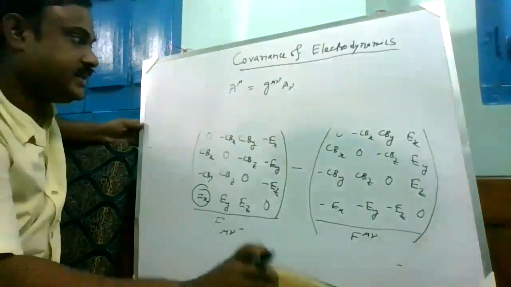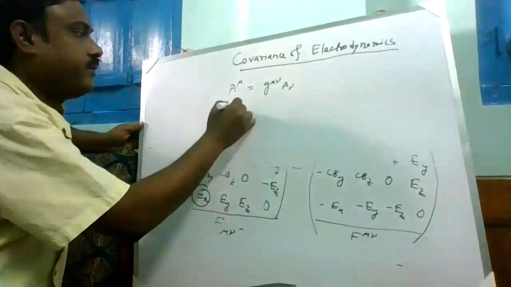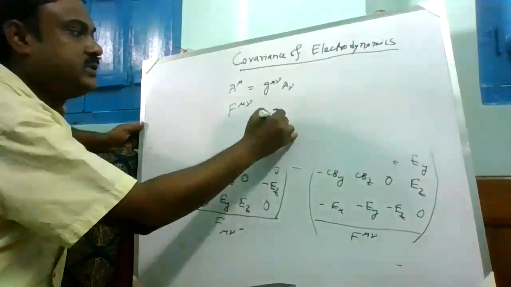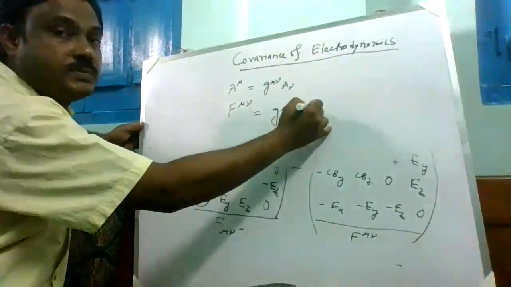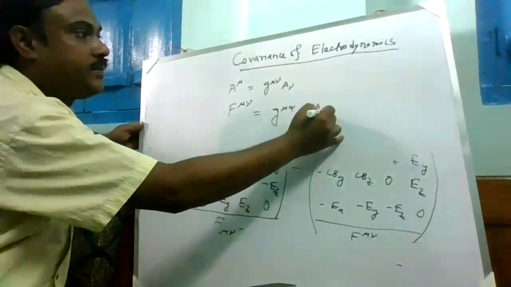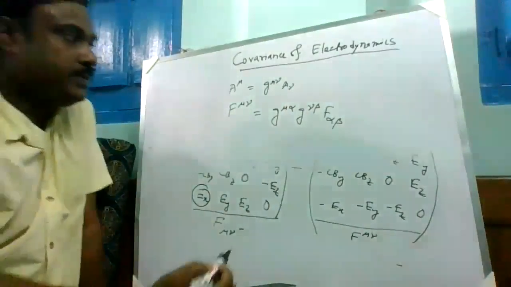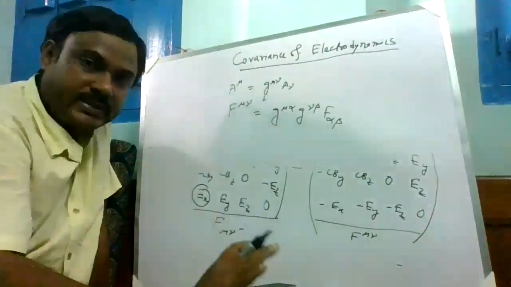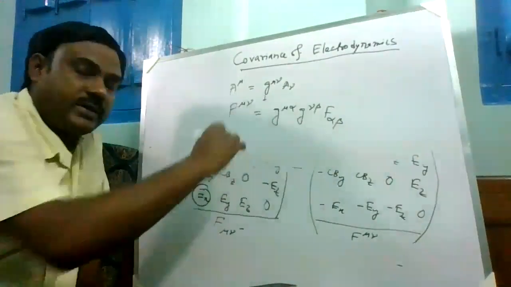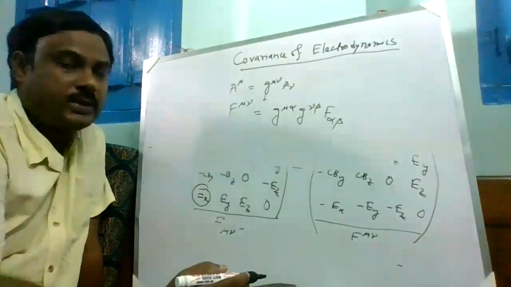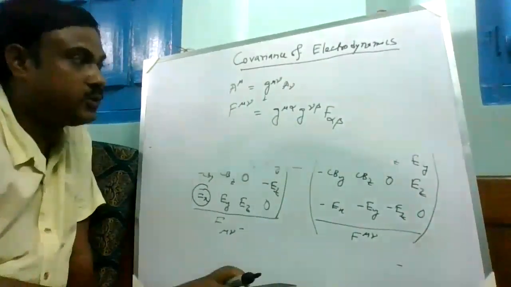So for a second rank tensor, what will be the rule? You can guess: F mu nu will be equal to g mu alpha g nu beta F alpha beta. So what is this? This is nothing but the metric. Simply, from covariant to contravariant, you can transform by multiplying by the metric tensor twice.